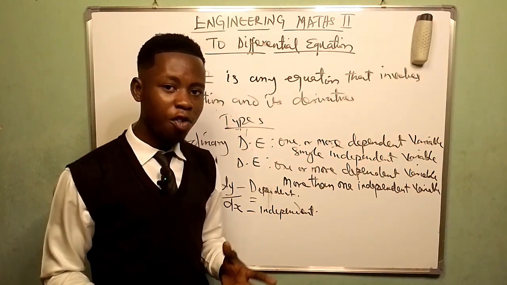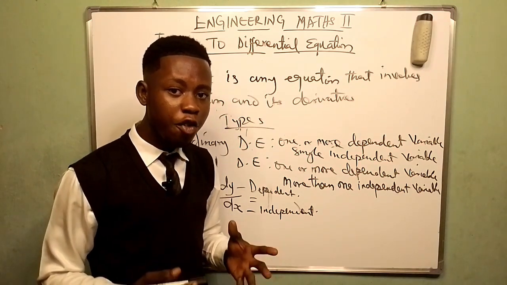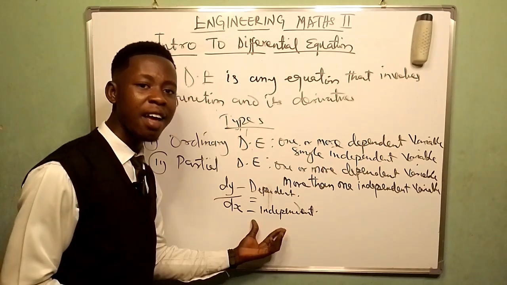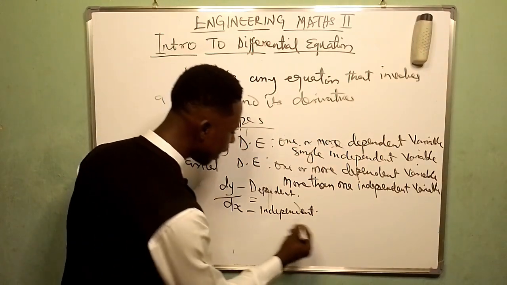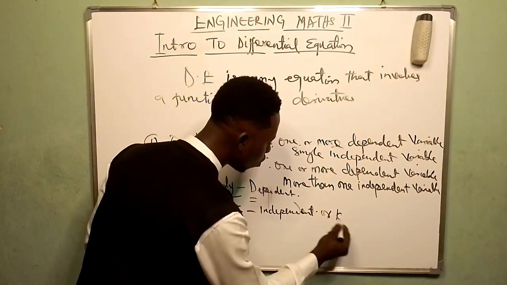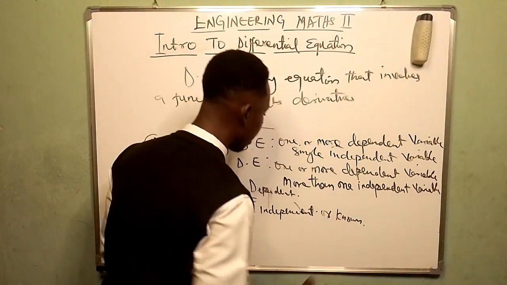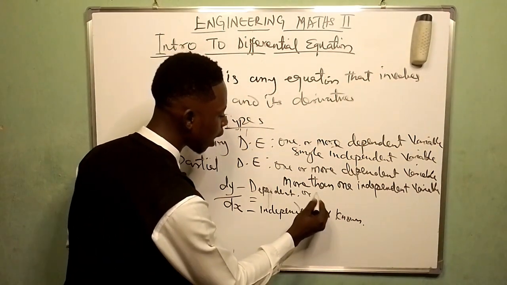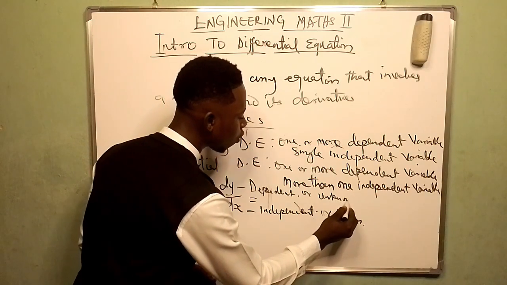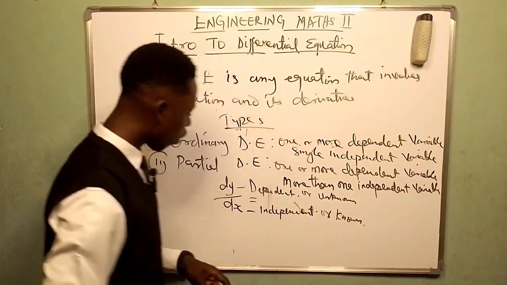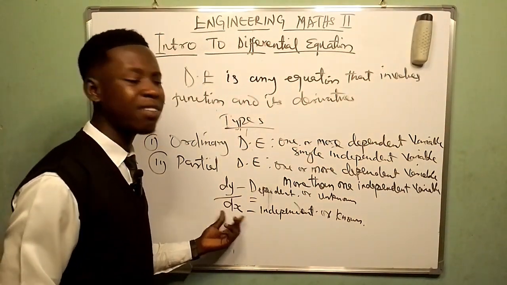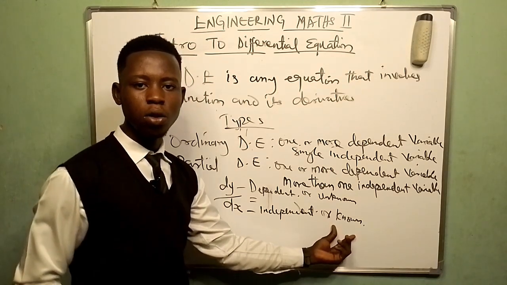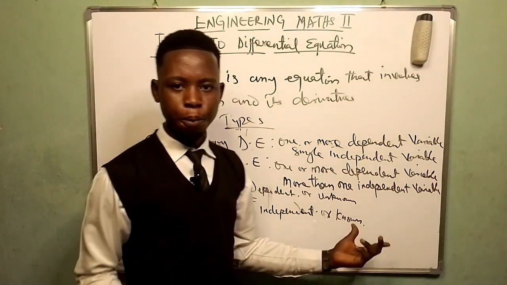The independent variable you can call a known function, and the dependent variable you can call an unknown function, because it depends on the function of x to be known, because x already is known.